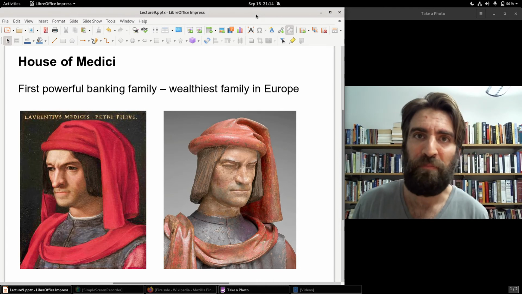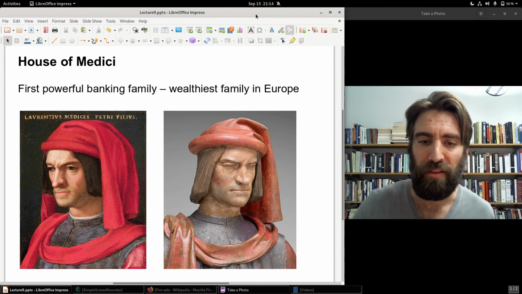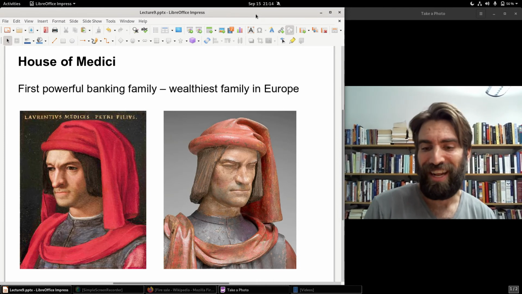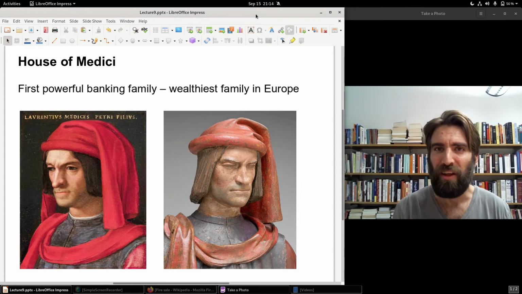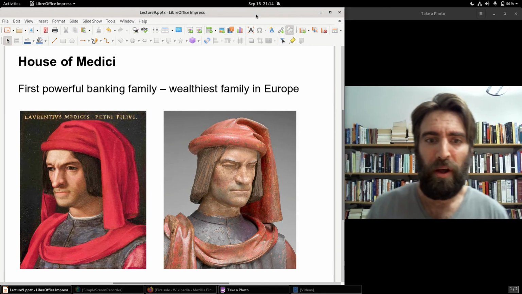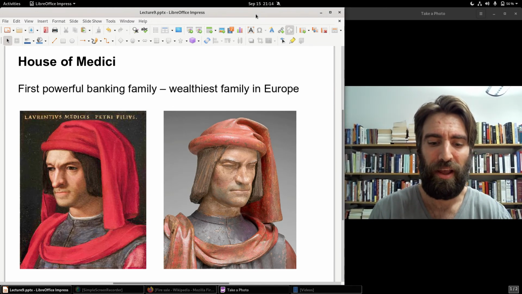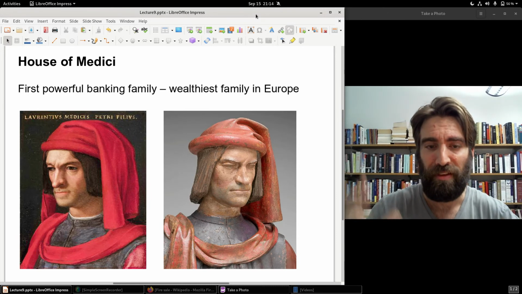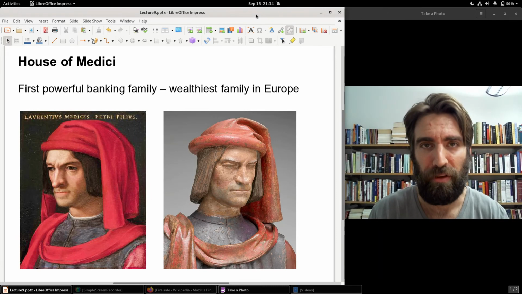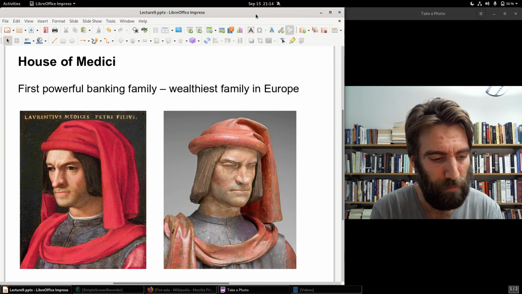They were also big patrons of the arts and of the sciences. We looked in the last lecture at all the different Renaissance paintings and sculptures. Michelangelo was given money by the Medici. Many Italian merchants actually gave money to these Renaissance artists in order to complete works.